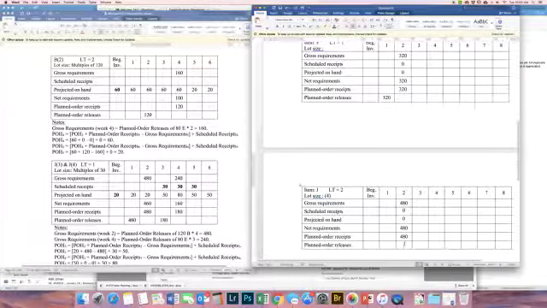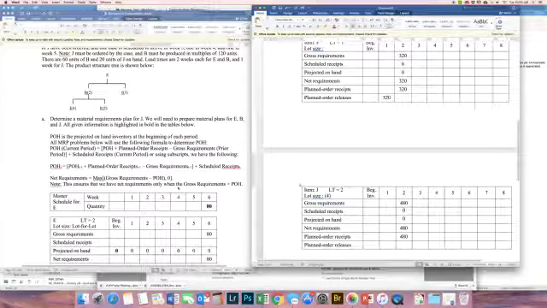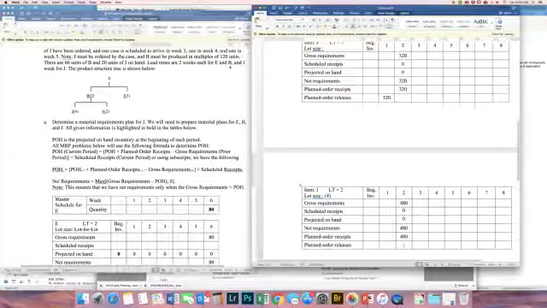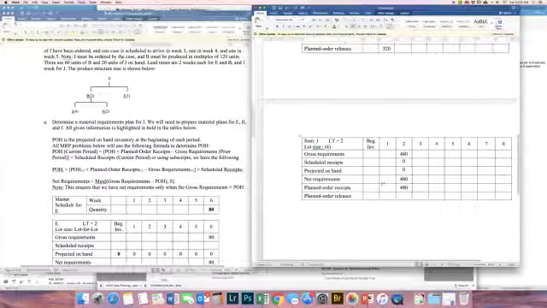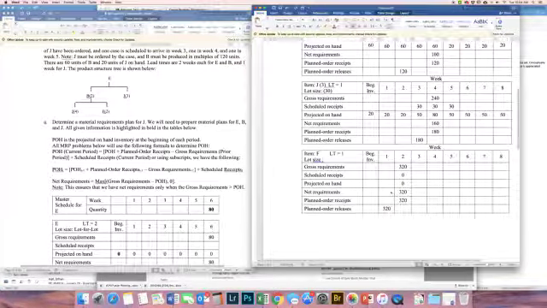Where I'm confused here is it says J is a lead time of 1 day. I thought it said lead times are 2 weeks for E, B, and 1 for J. Okay, so that's my bad. Lead time is only 1. So then I need 480 here. Probably confused here now. Let's just make sure my J up here is right. Lead time is 1. Yeah, okay.